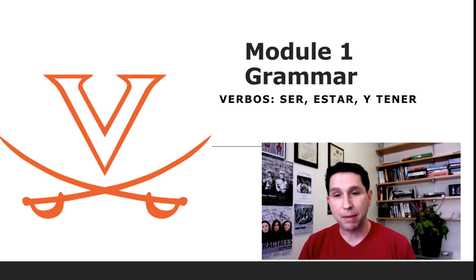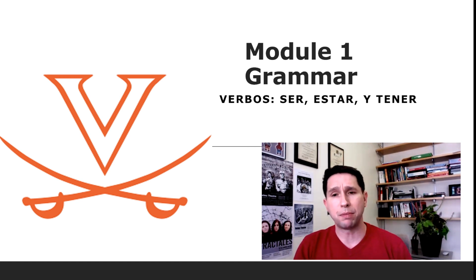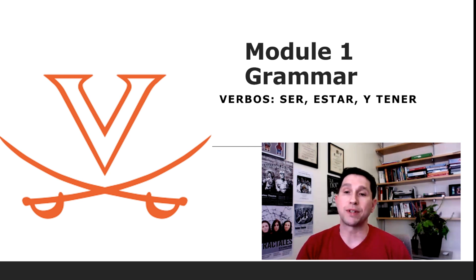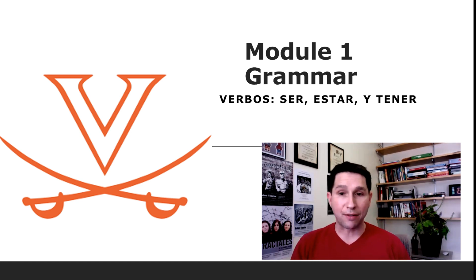I'm going to be making these videos during this class to hopefully help you make some connections and be able to practice some of these elements in a way that is more visual and interactive. We are getting started with the first grammar section from the online textbook using the verbs ser, estar, and tener. These verbs mean to be and to have.